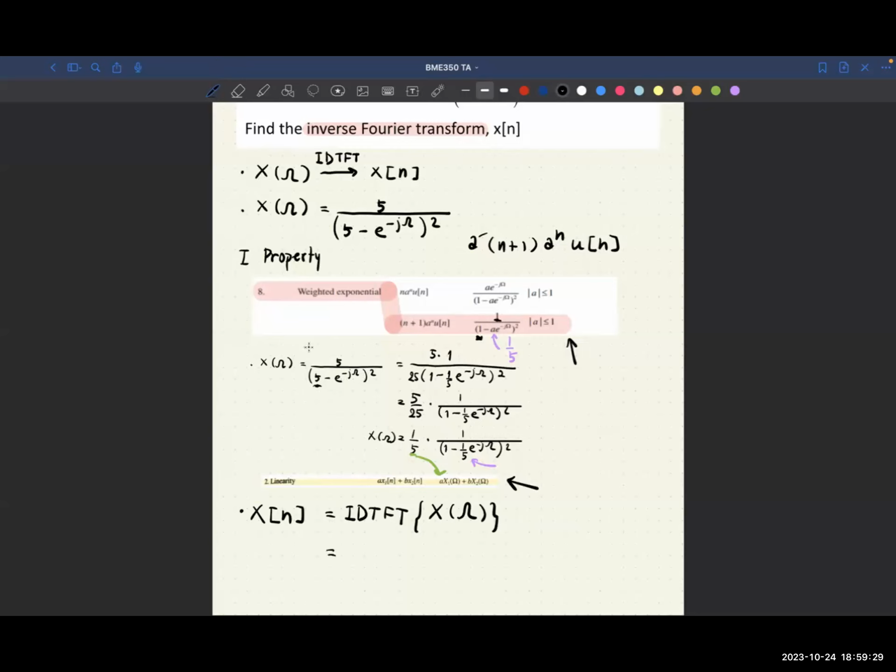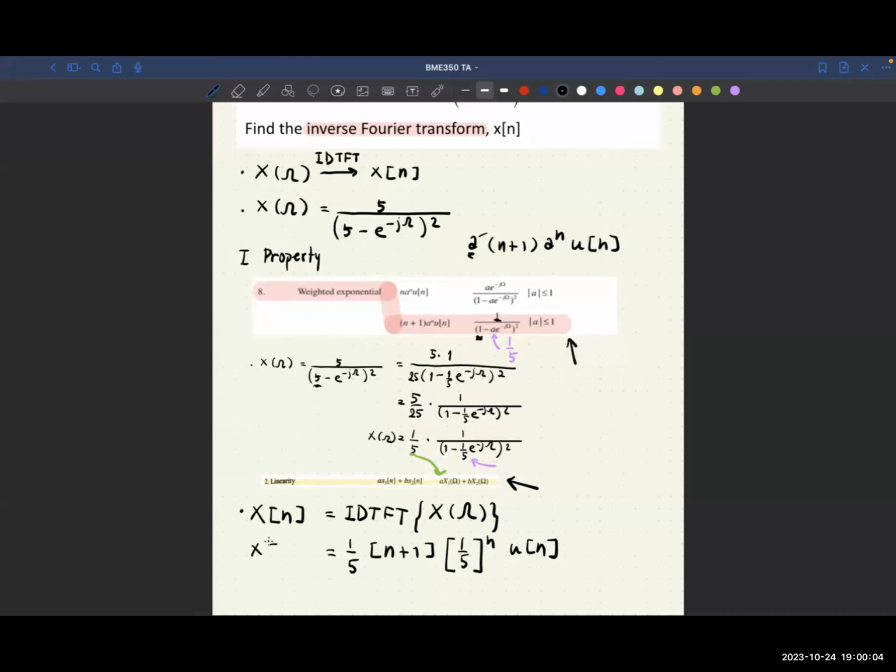Therefore, what we'll get is that first a, 1/5 with the green arrow here, 1/5 times n plus 1 times a, which is also 1/5, to the power of n, u[n].